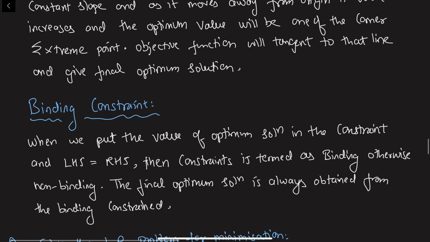So when we put the value of the optimum solution in the constraint, your LHS should be equal to your RHS. Then the constraint is termed binding, otherwise non-binding. And the final optimum solution is always obtained from binding constraints. So this will tell you whether your constraint is binding or non-binding.